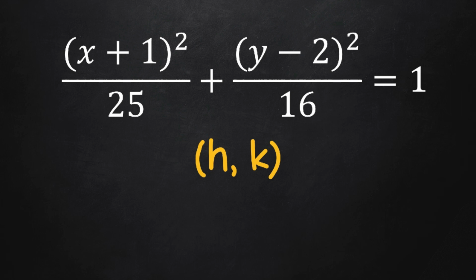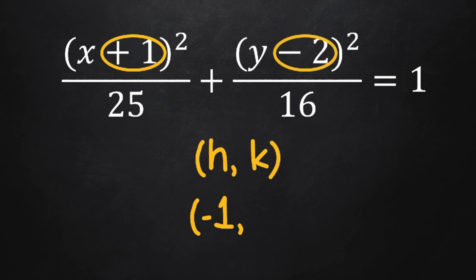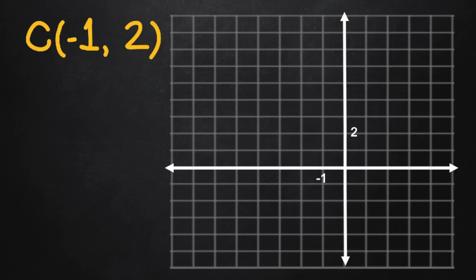There are some ways of finding the center, but the most convenient way is to find the inverse value of the constant being used in the numerator. So the first ordinate, positive 1, will become negative 1. The second ordinate, negative 2, will become 2. The next step is to plot the center on the graph using the ordinates negative 1 and 2. And this is how to plot.